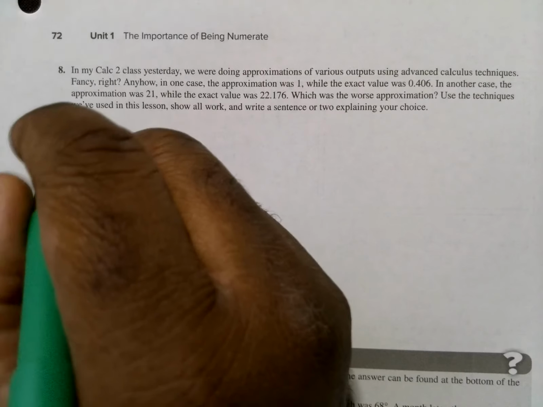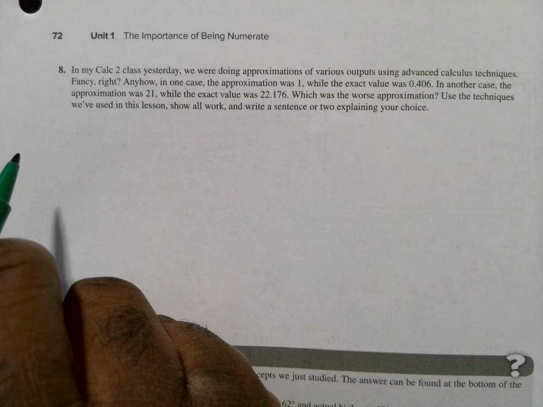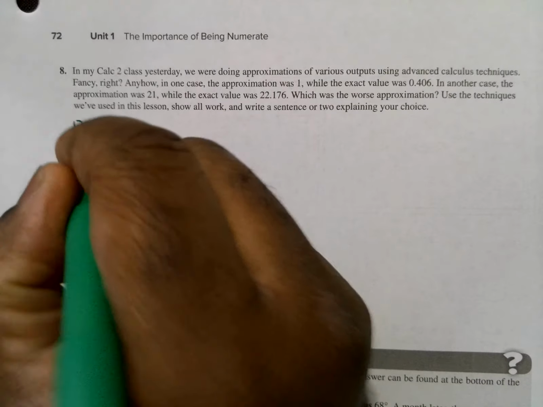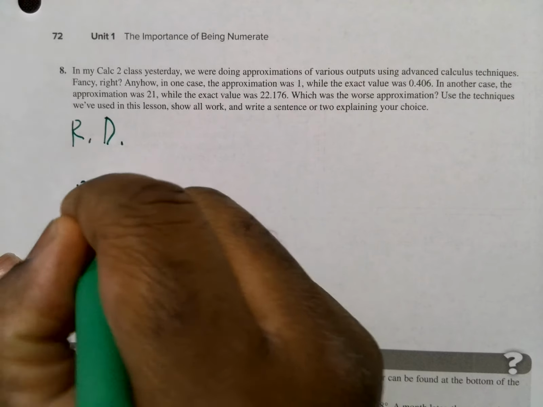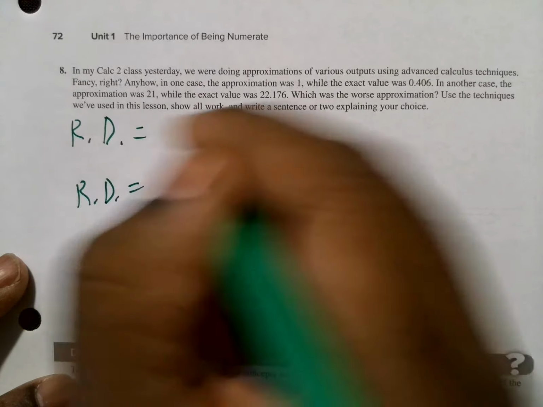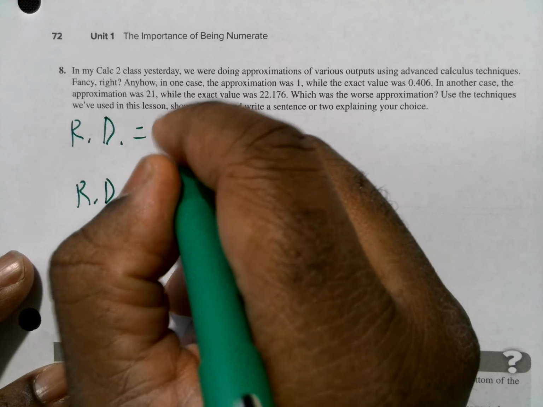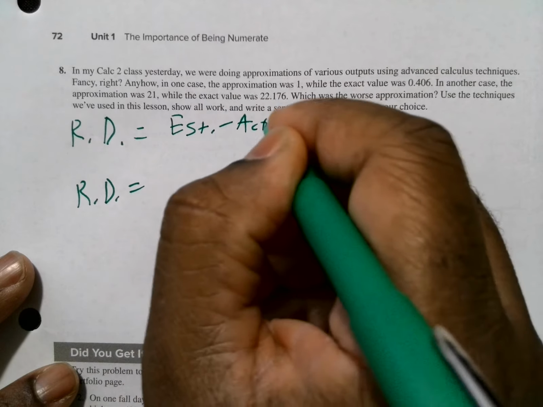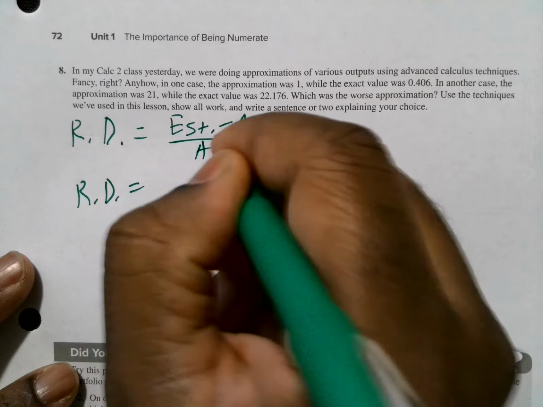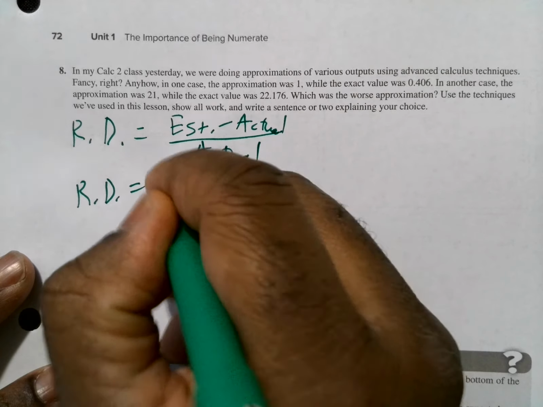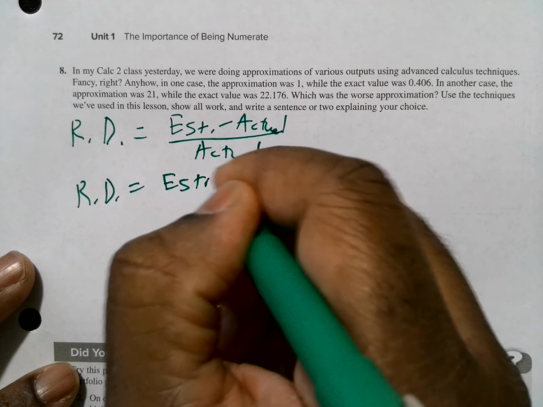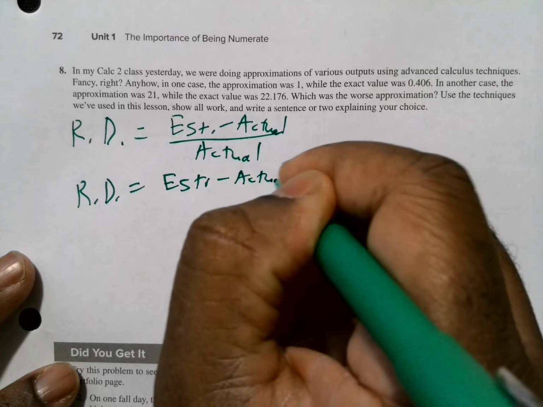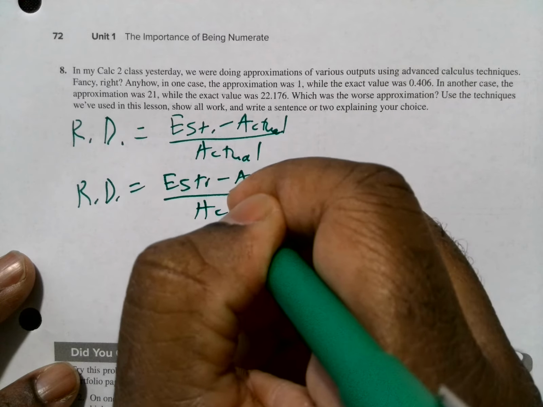So, we're going to do the relative difference for both. And we know it is the estimate minus the actual divided by the actual. And we're going to use this formula for both. Estimate minus actual divided by the actual.